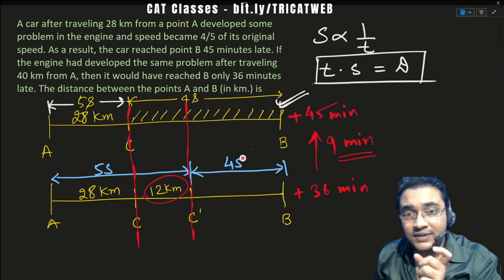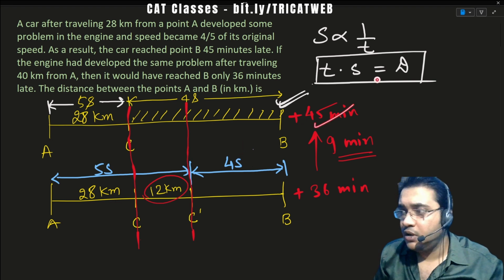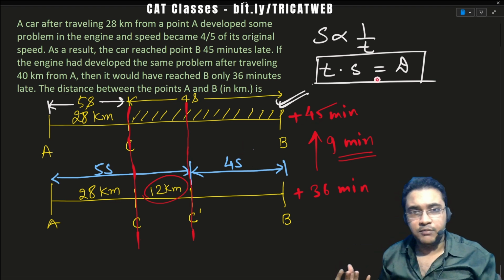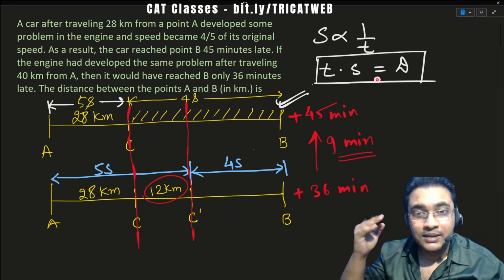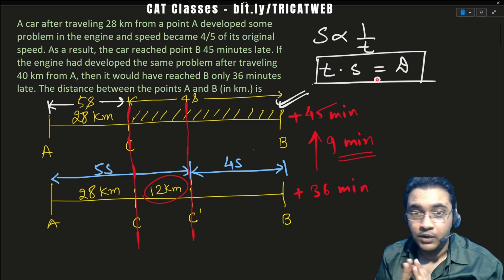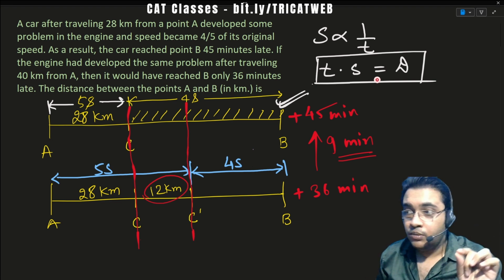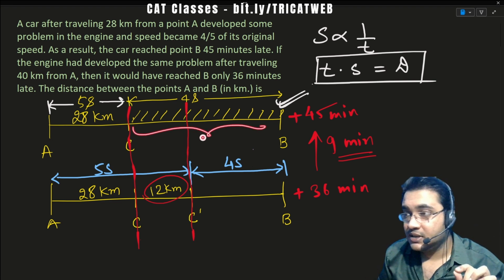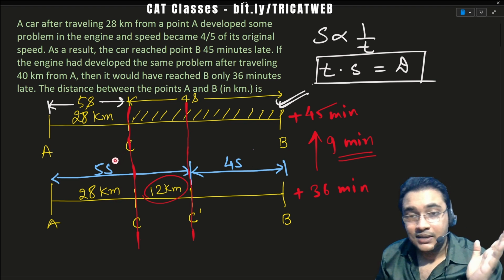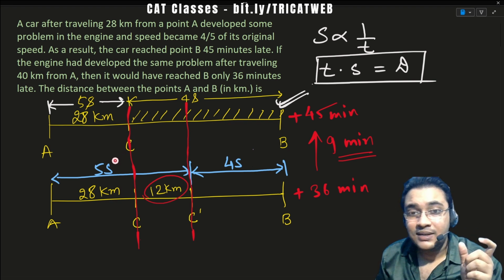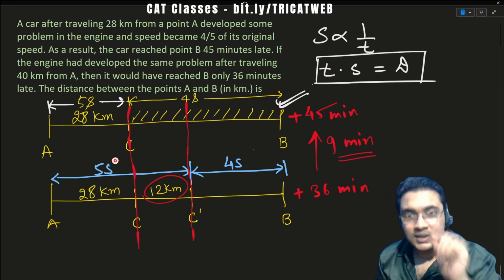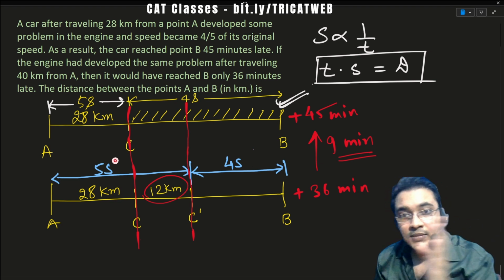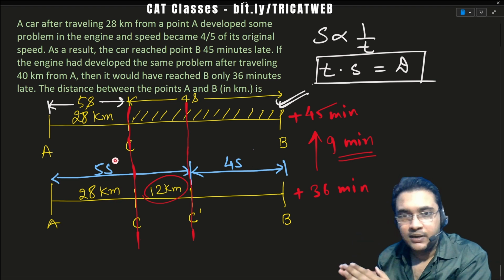If I would have traveled at the usual speed, I would not have been delayed by 45 minutes. That means because the speed has reduced, the time has increased. So for this distance, the time that I will travel at my usual speed is subtracted from the time that I am traveling at my reduced speed.